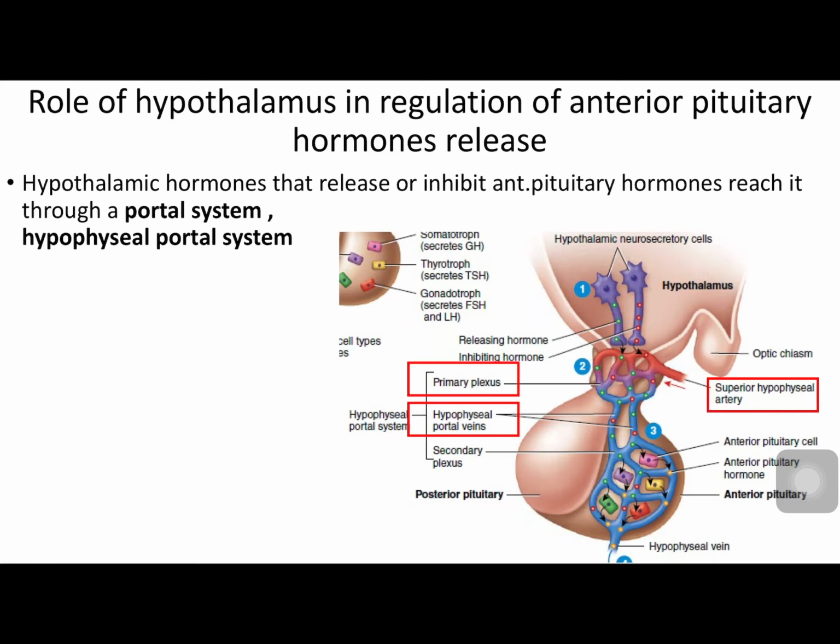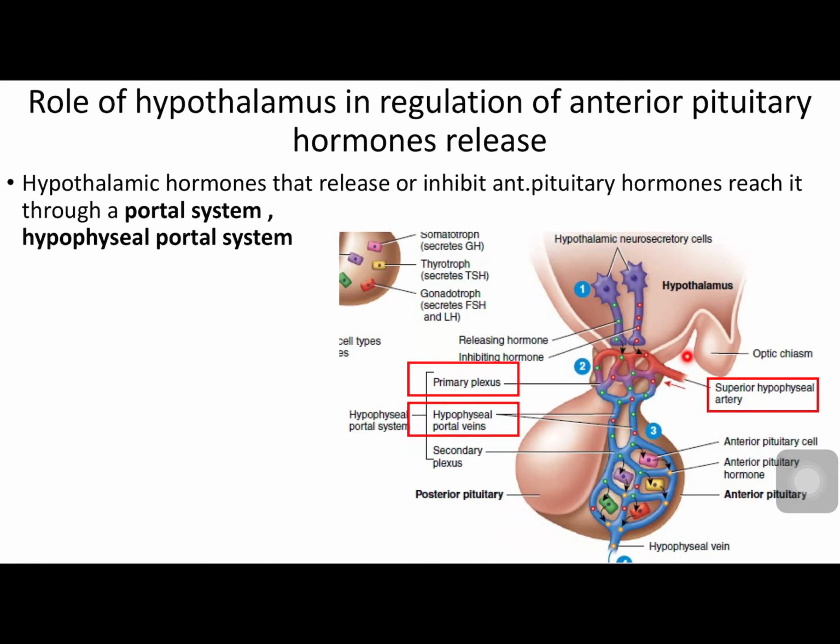This hypophyseal portal vein descends downwards along the infundibulum, the stalk which connects the hypothalamus with the pituitary, and it reaches the anterior pituitary. Upon reaching the anterior pituitary, it again forms another plexus of capillaries, called the secondary plexus.